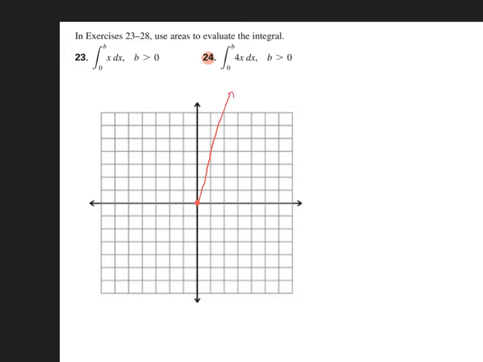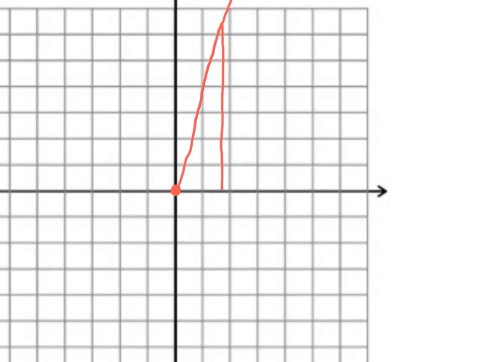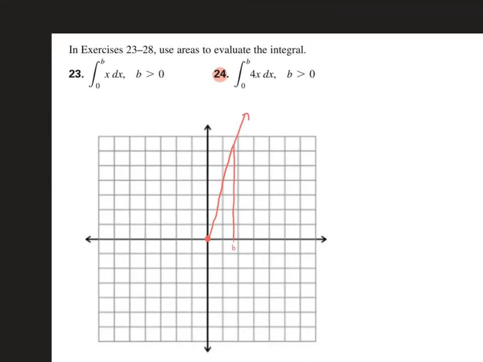At some point, I'm going to make it arbitrary, it's this point here that we'll call b. And that is some x value, right? And so we want to find the area from 0 to b.